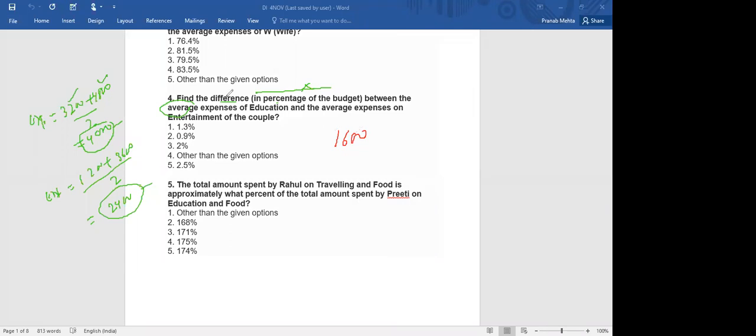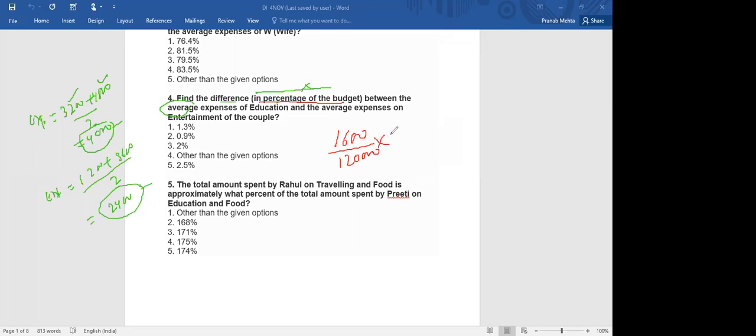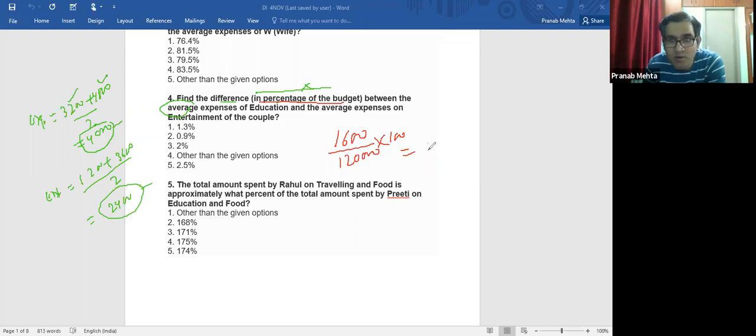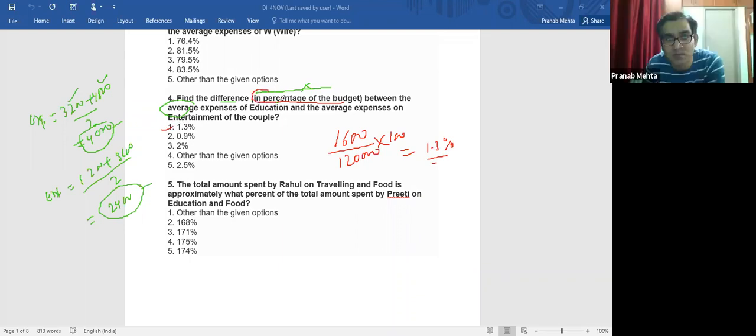Once again, find the difference in percentage of the budget. What is the total budget we are talking about? 1,20,000. So 1,600 divided by 1,20,000 into 100 will give us 1.3%. Remember, this particular question is a bit difficult, because most people will get confused about what they are talking about here.